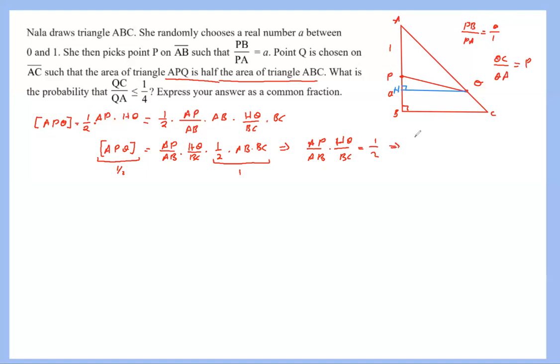So you can just say 1 over A times HQ divided by BC is equal to... So I need this fraction somehow. So let me double check. This was actually PB divided by PA. So PB divided by PA is A over 1. So actually this was AB, not PB. So AB is just the total, so that is A plus 1. So 1 over A plus 1, or 1 plus A.